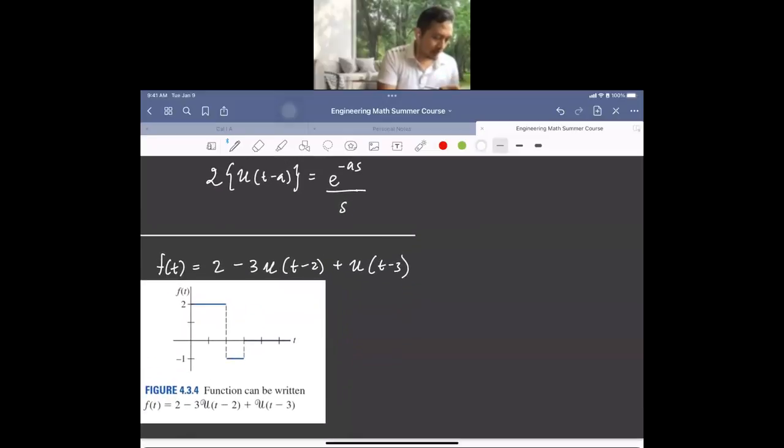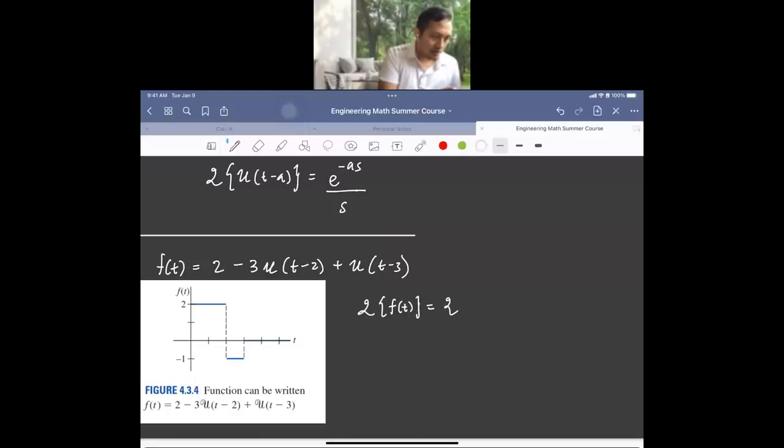So if we want to take the Laplace of this, let me write one by one.